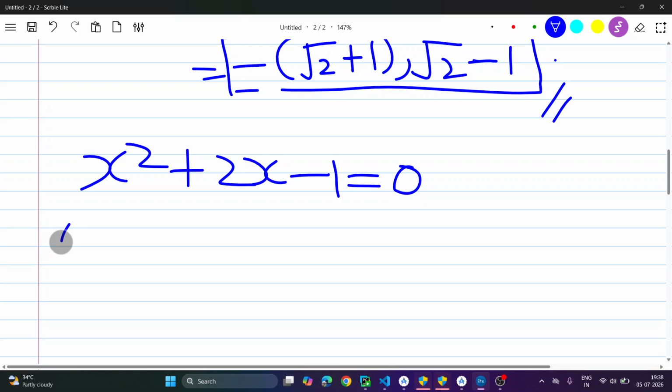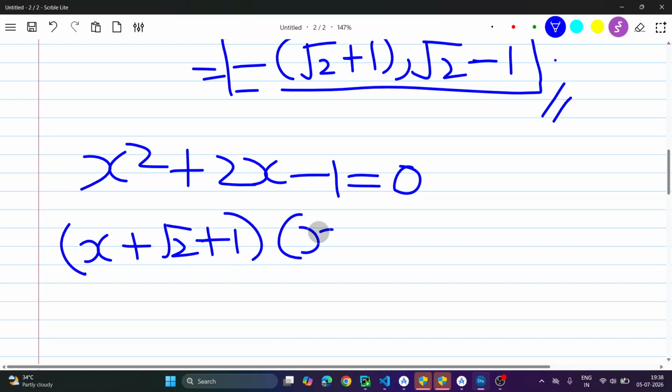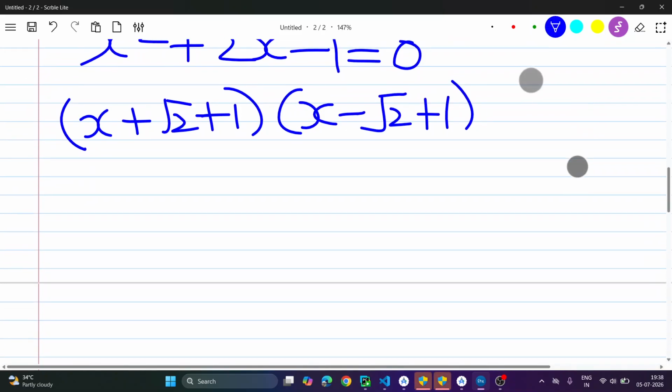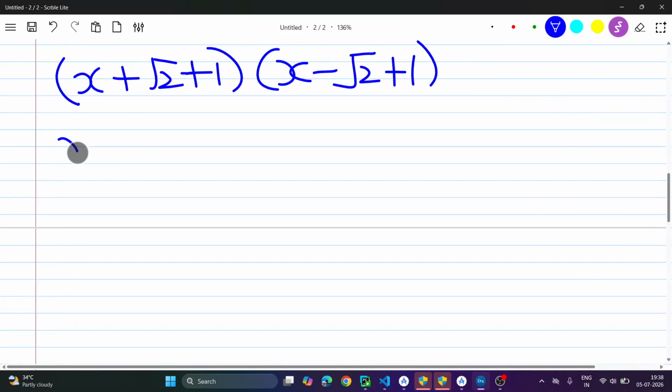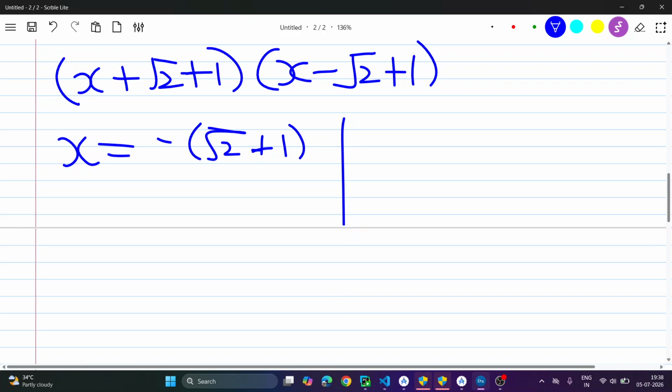Now what we do is x plus root 2 plus 1 into x minus root 2 plus 1. I'll explain why. See here, x equals minus of root 2 plus 1, and here, x equals root 2 minus 1.